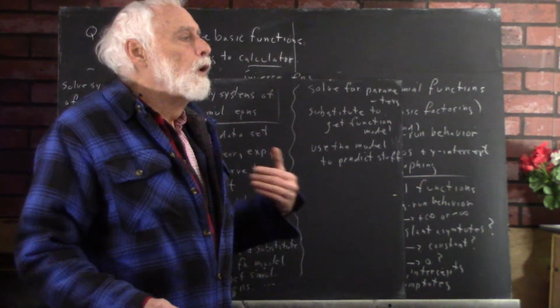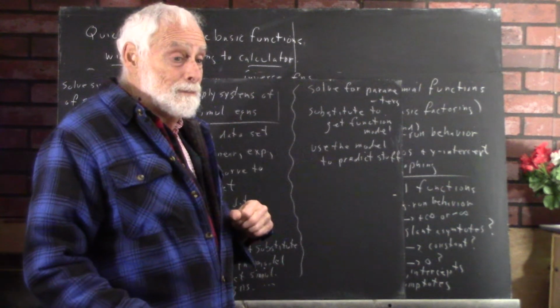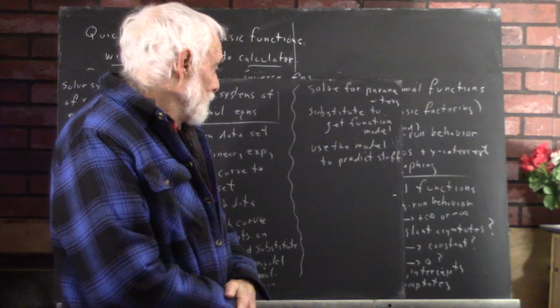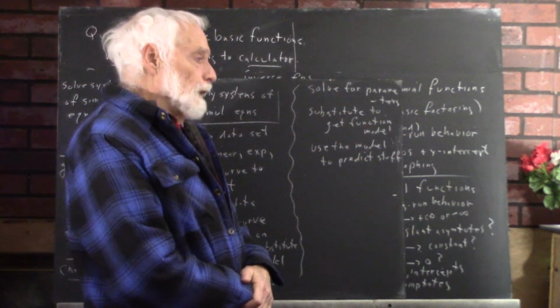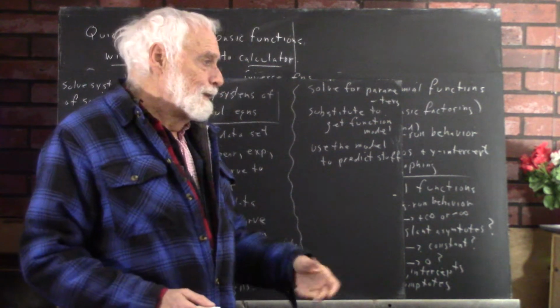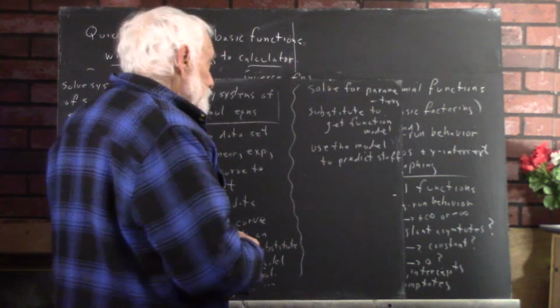If you want to know when the function takes a given y value, you set it equal to the y value and solve. Okay? If you want to know what the value is for given x or t value, you plug that in and you find out what the value is. And you got to know what the model is.